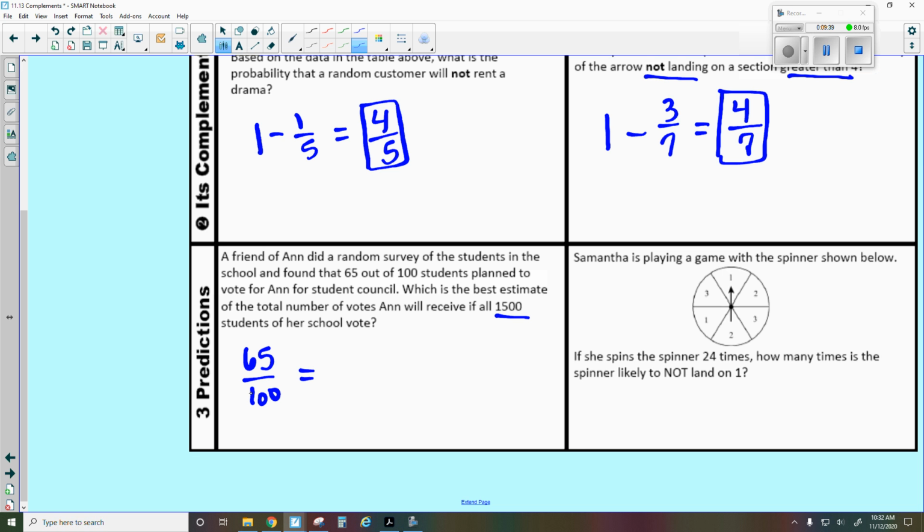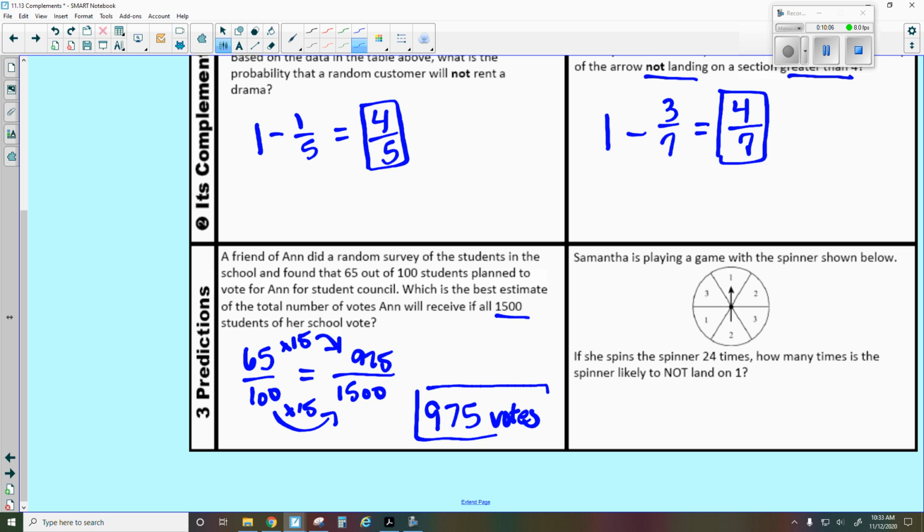So 65 out of 100 total students. So our new total is out of 1,500. Okay, we see a relationship here that we can multiply by 15. So we're going to multiply by 15 at the top, and that gives us 975. So the best estimate of the total number of votes Anne will receive out of 1,500 is 975 votes for Anne.